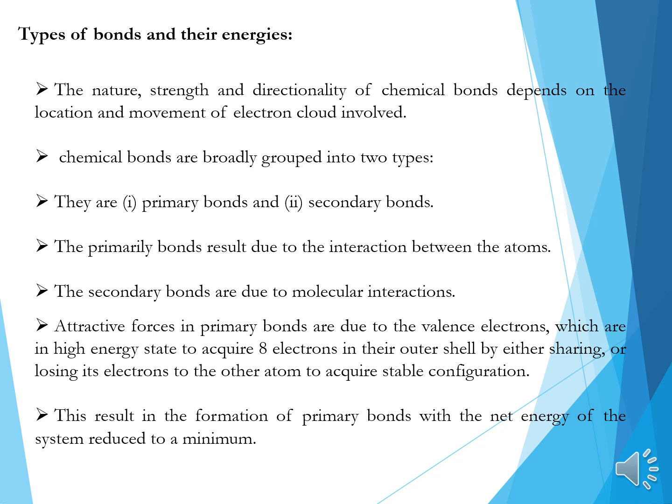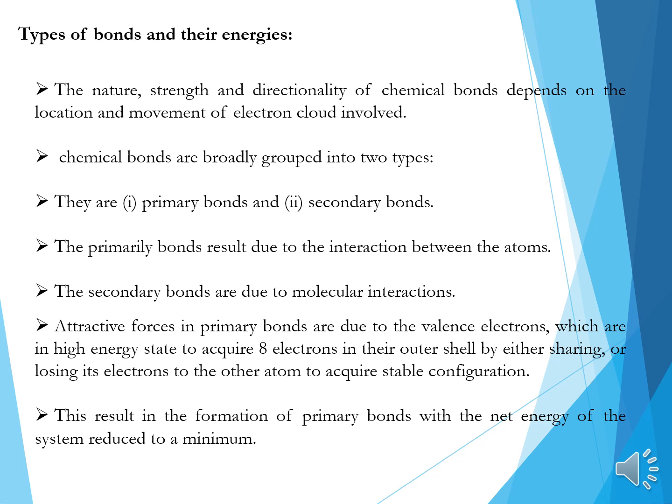The nature, the strength and the directionality of these bonds depend on the location and movement of the electron cloud involved. Basically, it is the electron or the electron cloud and its motion. Now, chemical bonds are of two types. One is primary bond, another one is secondary bond. In simple terms, primary bonds are between atoms and secondary bonds are in between molecules.